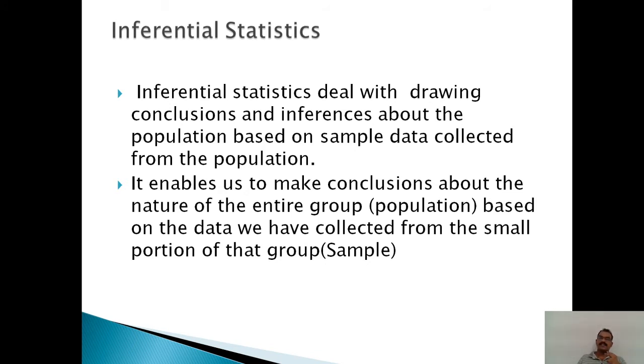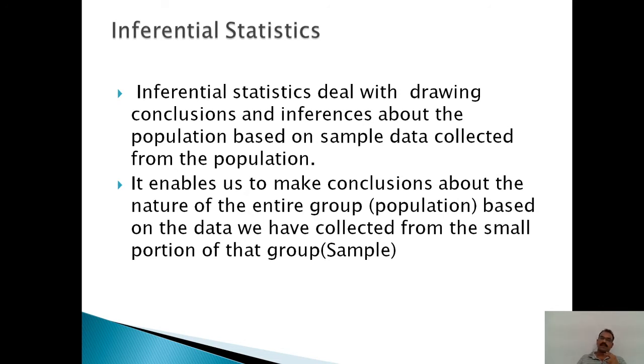Inferential statistics deals with drawing conclusions and inferences about the population based on sample data collected from the population. So in our case, most of the studies we are using inferential statistics.